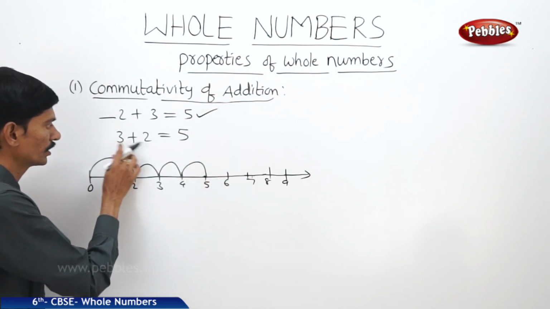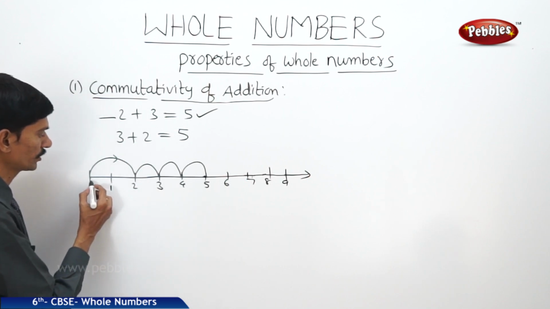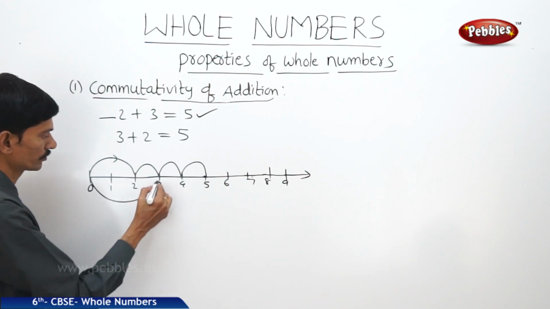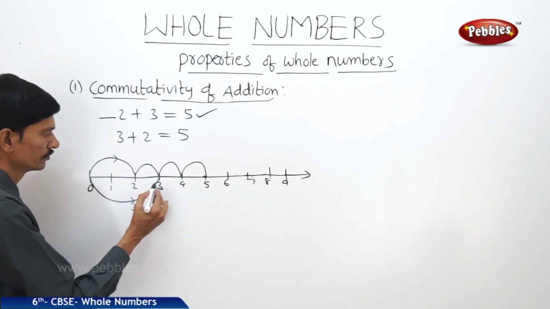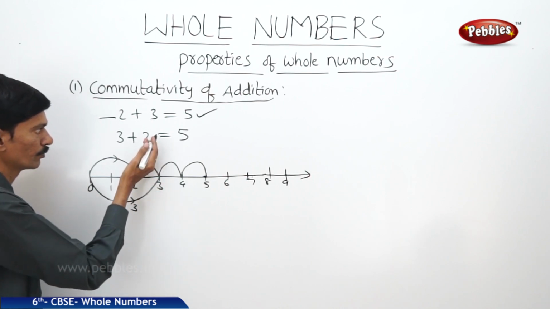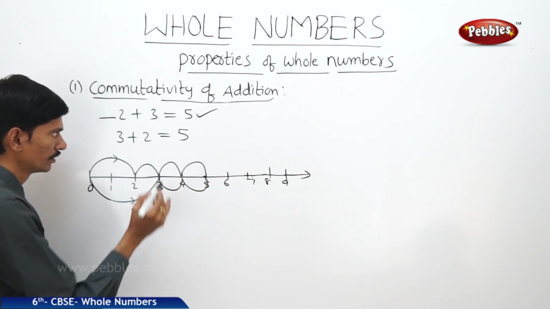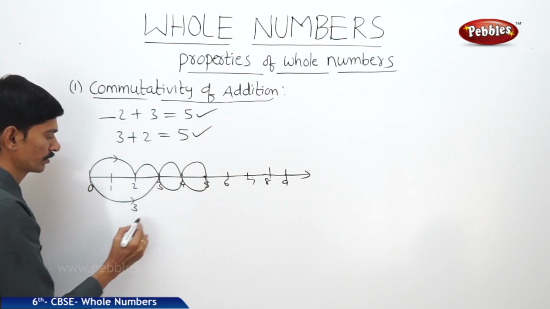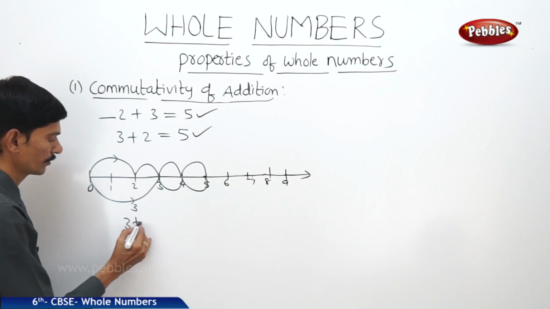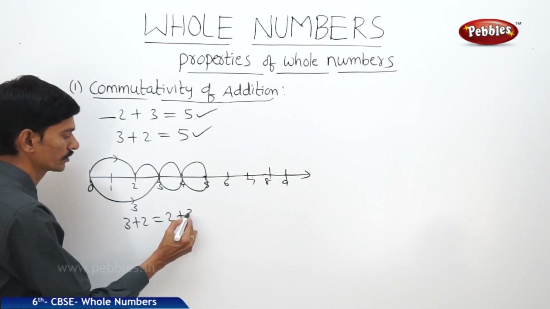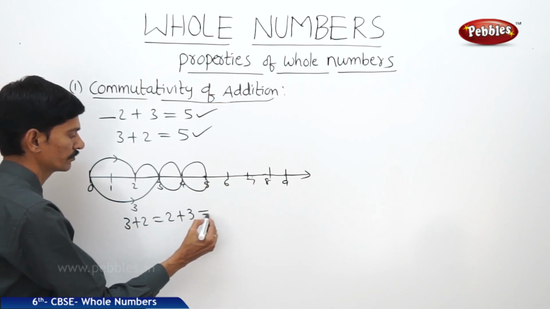Then if you add 3 and 2, first you take 3 steps from 0. So this is 3. From 3 we need 2 more steps, 1, 2, and again we reach 5. So 3 plus 2 equals 5. So we can observe that 3 plus 2 equals 2 plus 3, which equals 5.